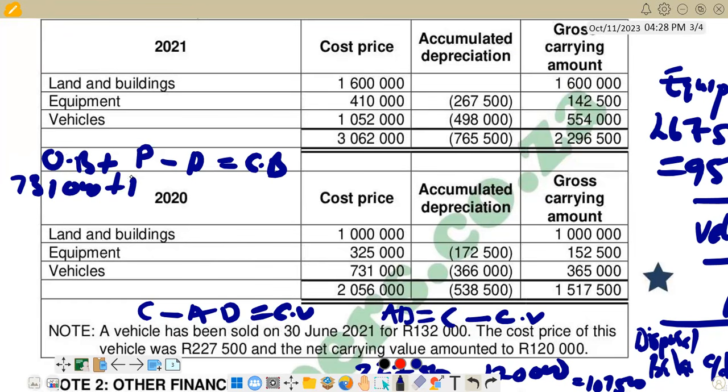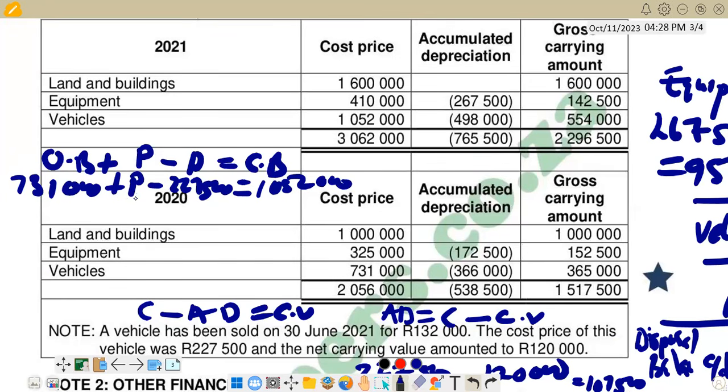Then we add the purchases, which is the one that we want to find out. Then the disposal at cost, we are told that is 227,500. And then the closing balance at cost is the one that we are given here, 1,052,000.